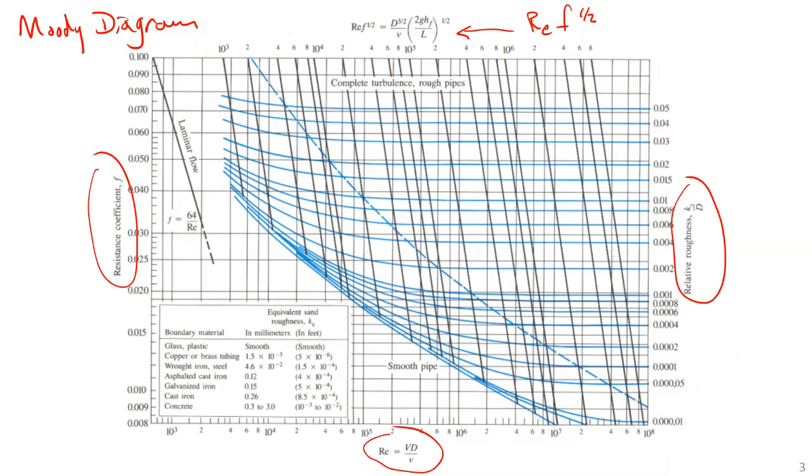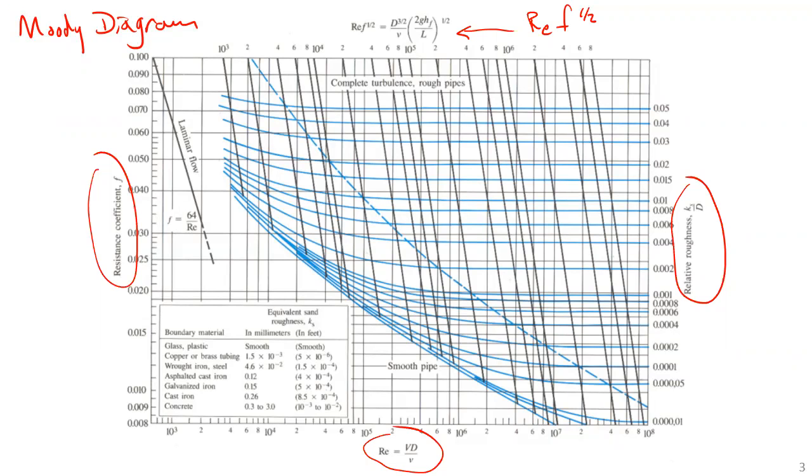Remember, Re is the Reynolds number, it's dimensionless. k sub s over D, relative roughness, dimensionless. Re f to the 1/2, f and Re are dimensionless, so Re f to the 1/2 is dimensionless. So that's the beauty of this diagram, everything's dimensionless on it. If you know any 2 of these 4 coordinates, you know the other 2 automatically.